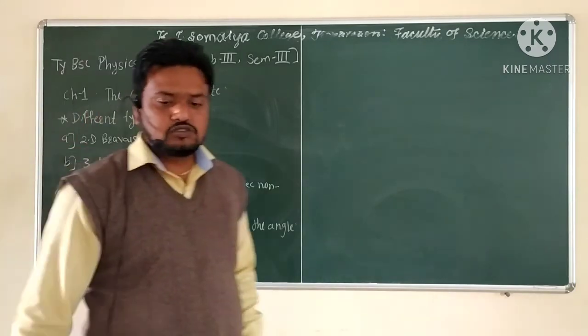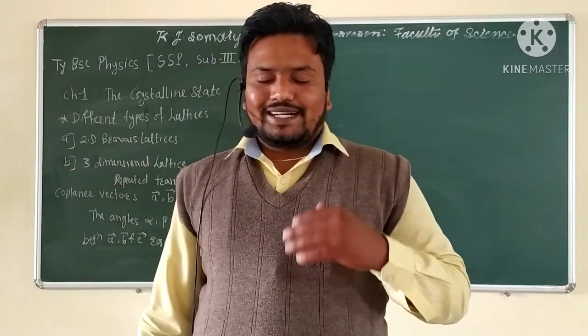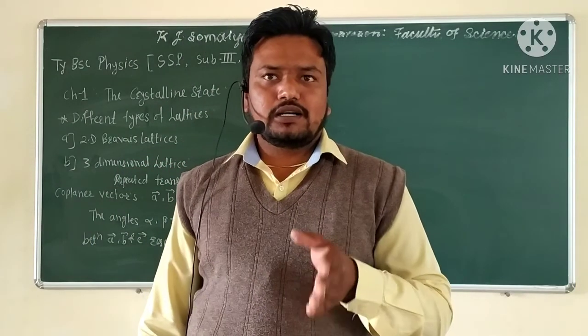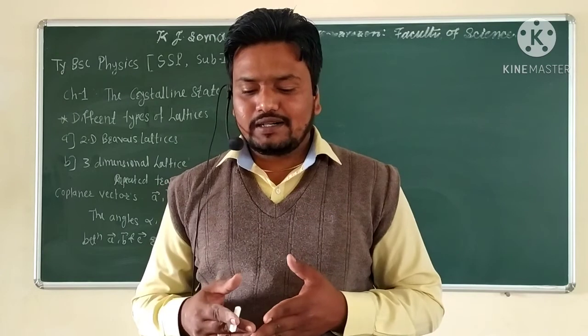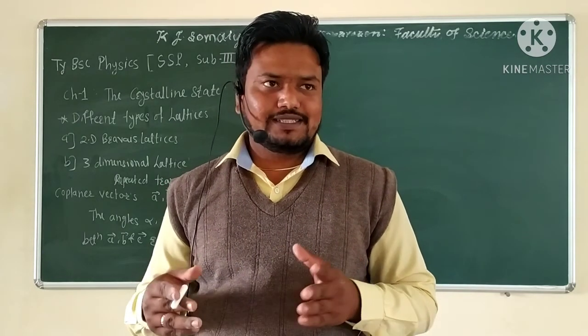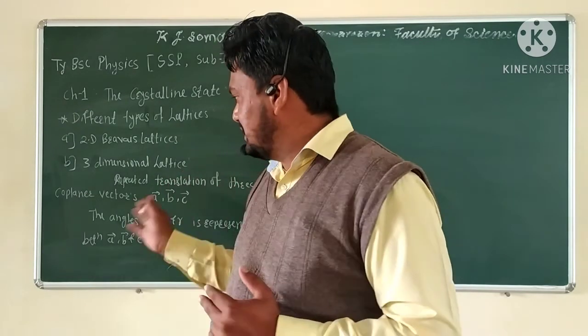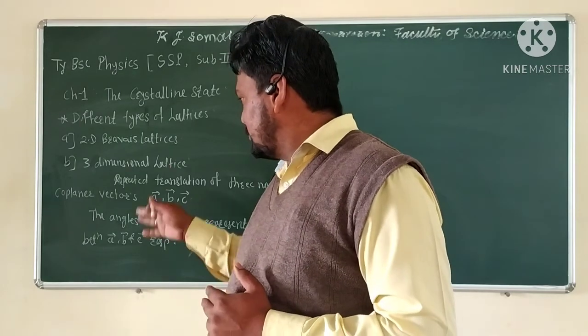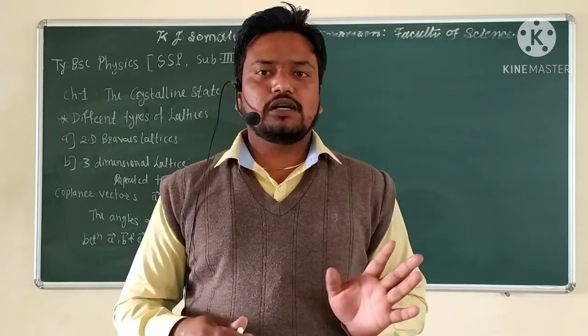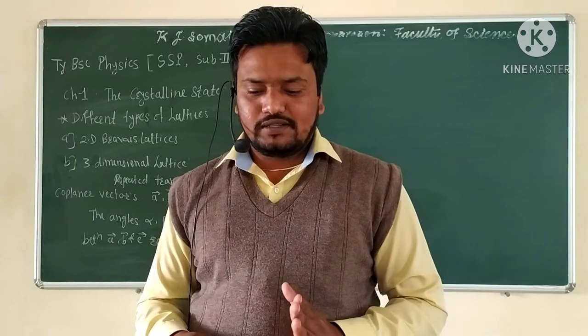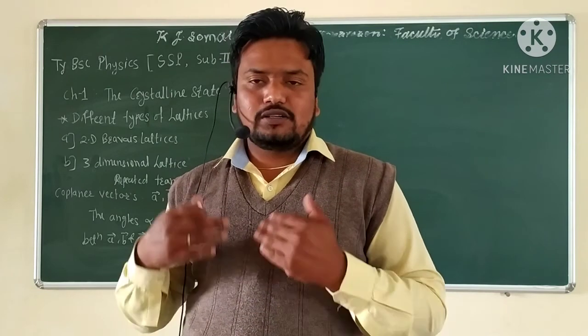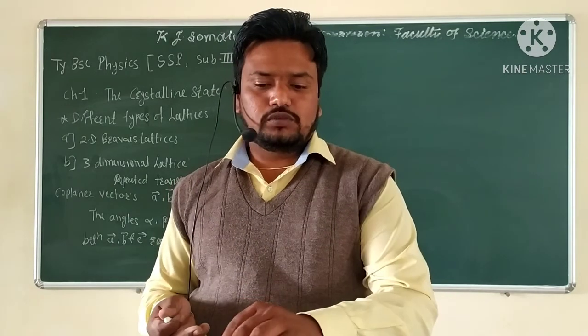Okay, so A bar, B bar, C bar and angles alpha, beta and gamma are collectively known as the lattice parameters, or lattice constants, of the unit cell.